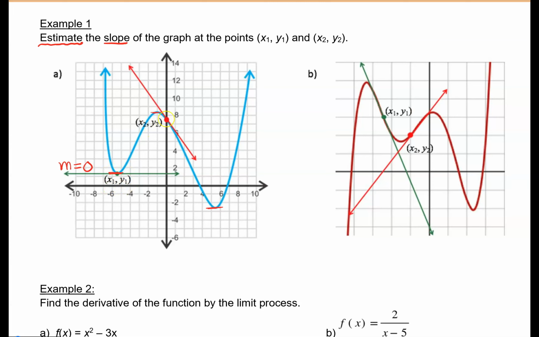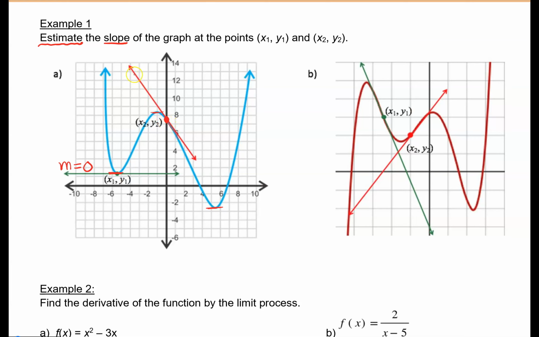This second point here, which is this red dot, x2 comma y2. So if you look at the curve and follow the curve and think about the slope of the tangent line, the slope of the curve, it would be facing down, first of all, because the graph is moving downward at that point, and somewhat steep because it's moving down fairly quickly.